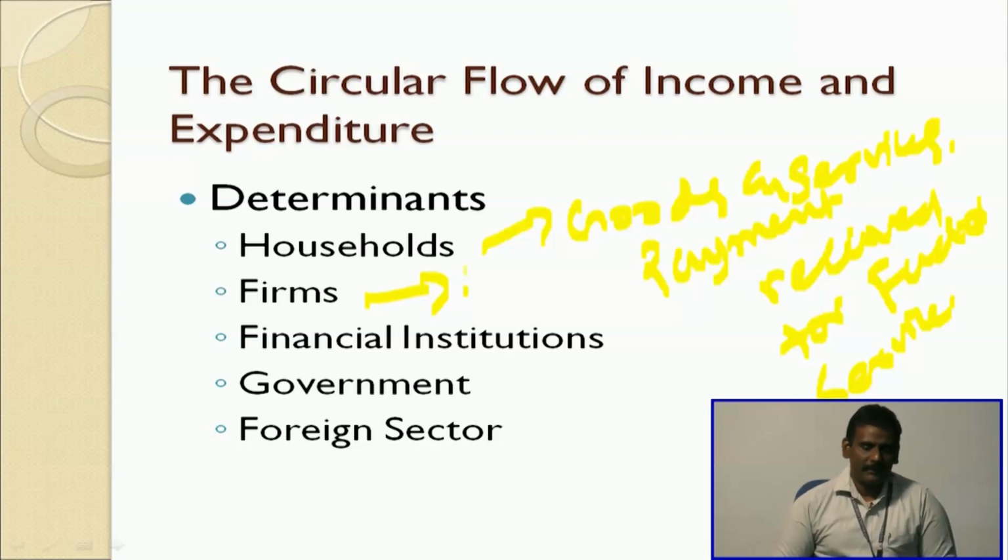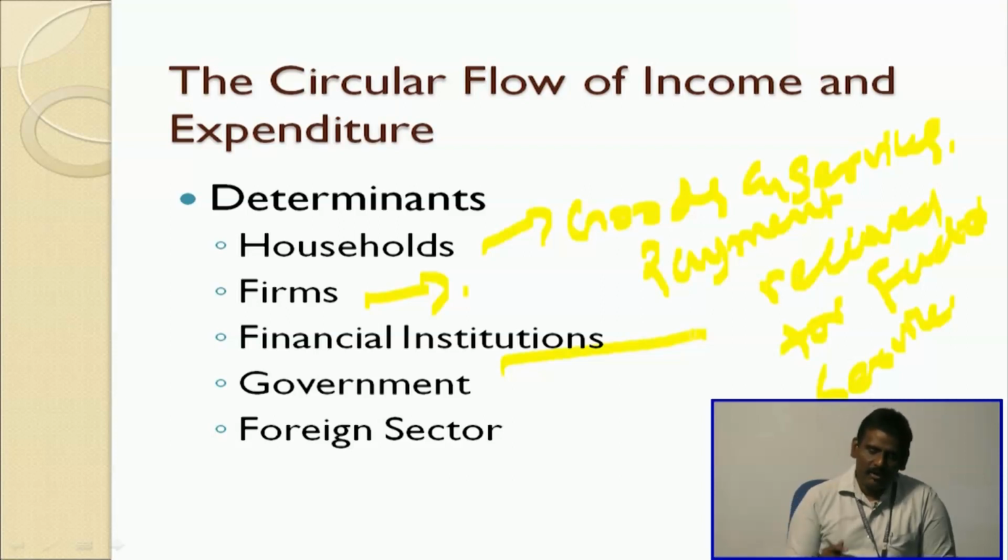And the role of financial institutions: they receive deposits, offer loans, and provide investments to the industries. So the role of financial institutions is also very important for measuring the flow of income and expenses.